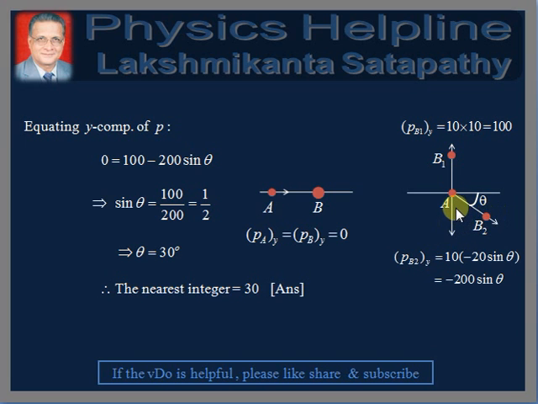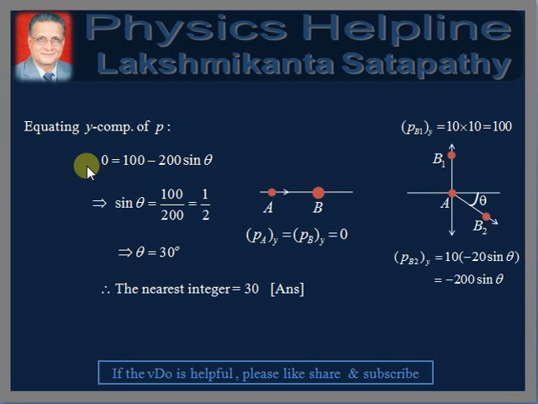B2 moves with velocity 20 sin theta meter per second in the downward direction. Therefore, the linear momentum of B2 in the y direction will be equal to mass 10 kg multiplied by velocity minus 20 sin theta because it is moving in the downward direction, which gives us PB2y is equal to minus 200 sin theta kg meter per second. That is what we have put here, minus 200 sin theta.